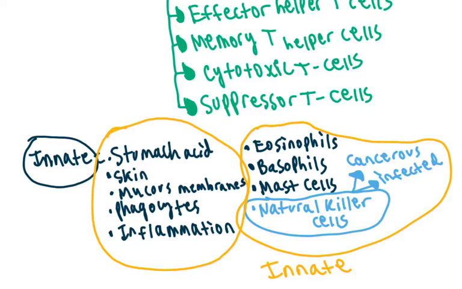And mast cells that can increase inflammation at the site of the area wherever the histamine is released. So the mast cells can release histamine and heparin, but histamine is the main one, that can further increase inflammation. And we have natural killer cells that can target cancerous and infected cells and destroy them. That's also part of the innate/non-specific immune system.